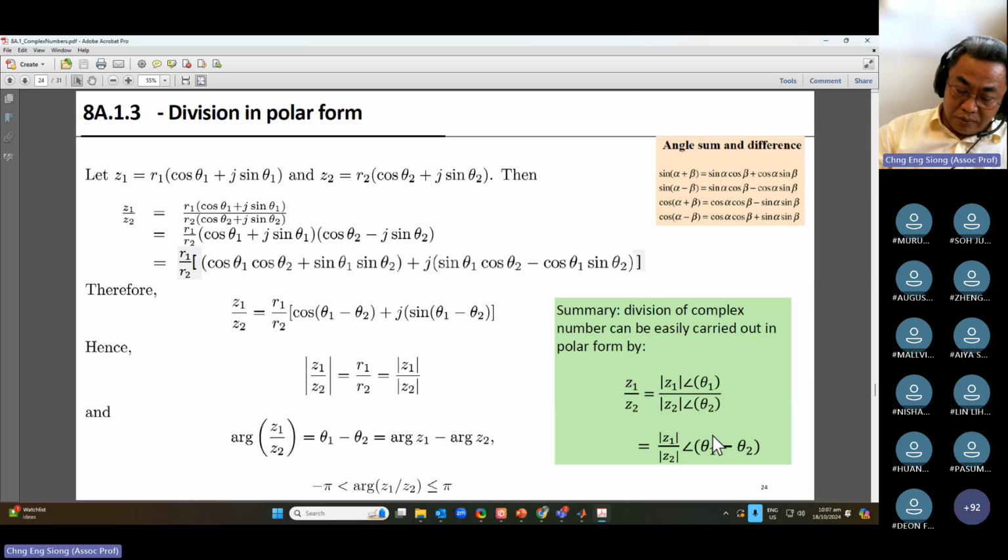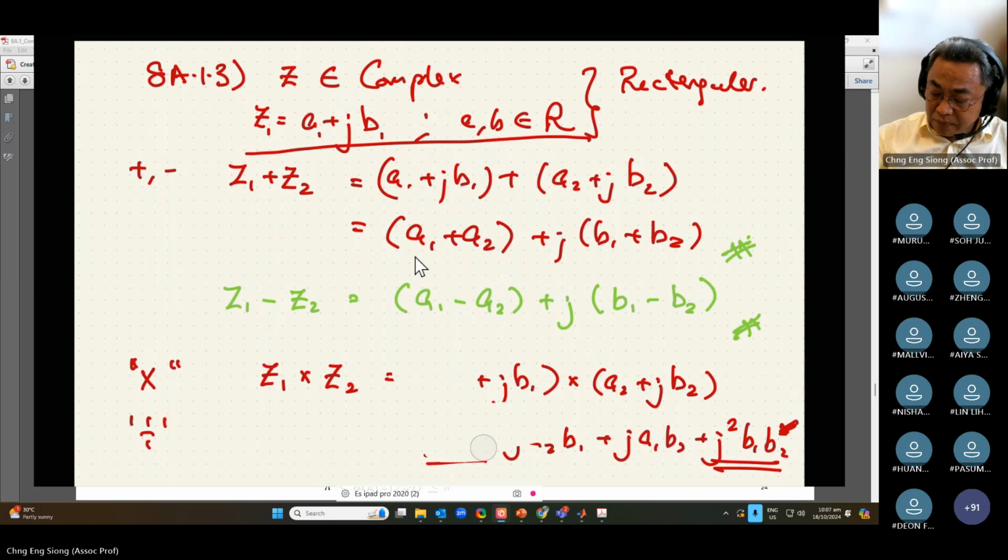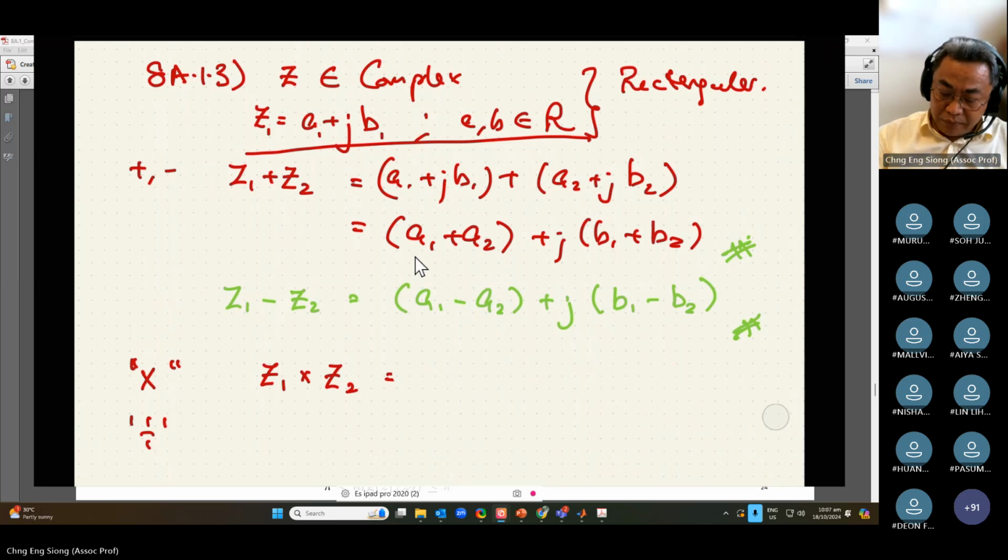So now when you go back to our slide here, the operations that we are interested in, plus and minus, we always do in rectangular format. And for multiply and divide, we'll throw away all these and we'll write two equations.